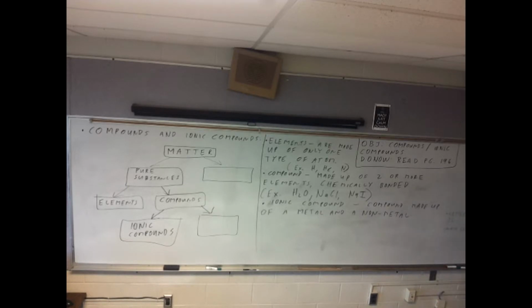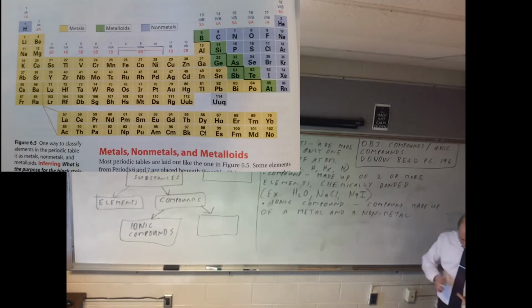Or at least this is the definition I want you to go by. So if we look at the periodic table, I really wish I had one. Well, I'll insert it into the video afterwards.